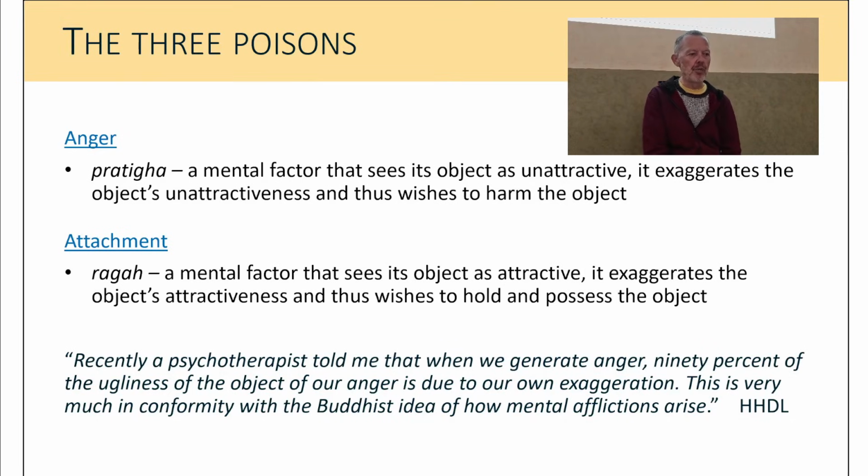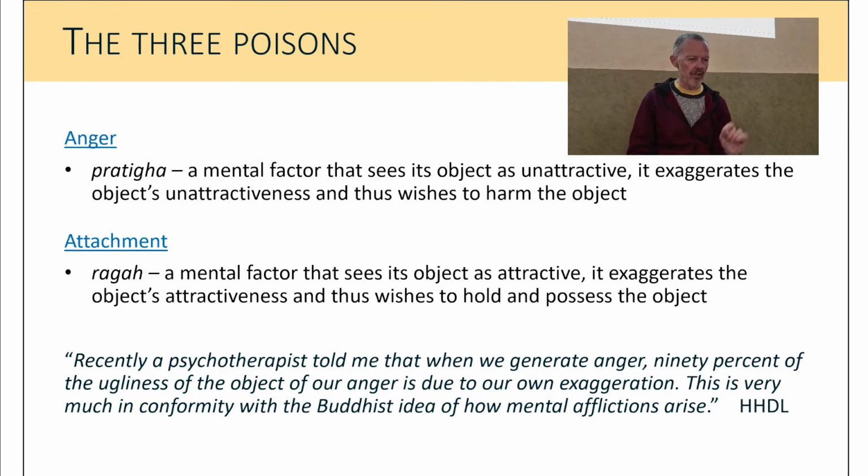So here, this word anger is a translation of the Sanskrit term pratigha, and this is defined as a mental factor that sees its object as unattractive, exaggerates the object's unattractiveness and thus wishes to harm the object. Why does anger wish to harm the object? Because anger believes that object, which could be a person, is the source of our suffering.